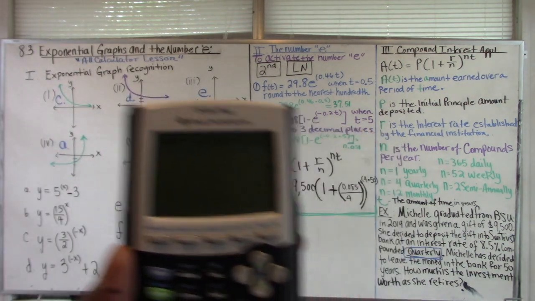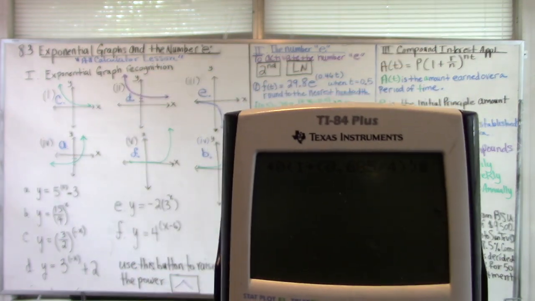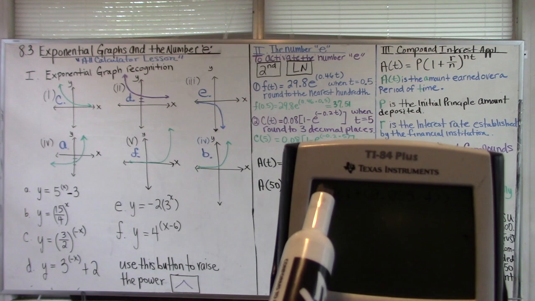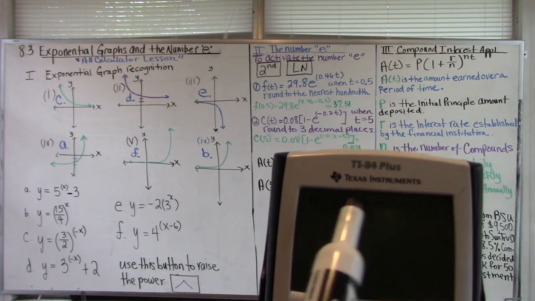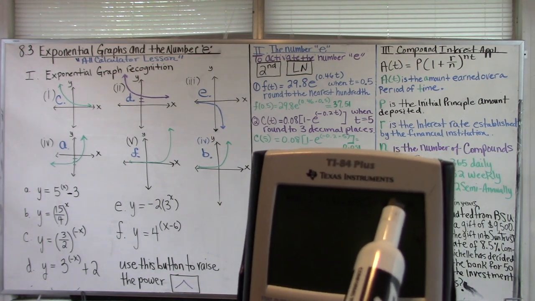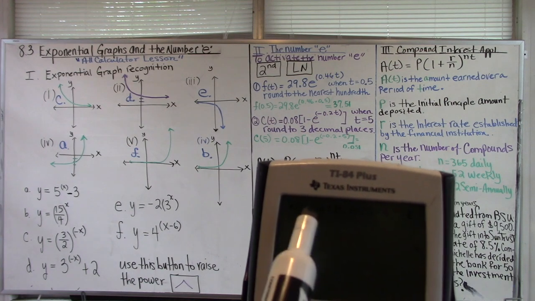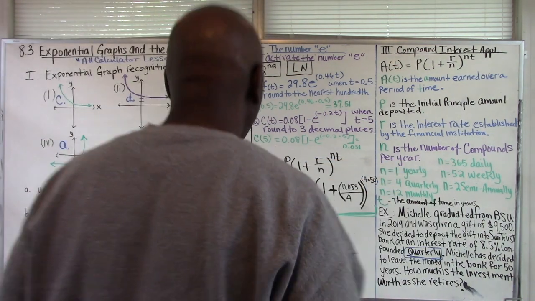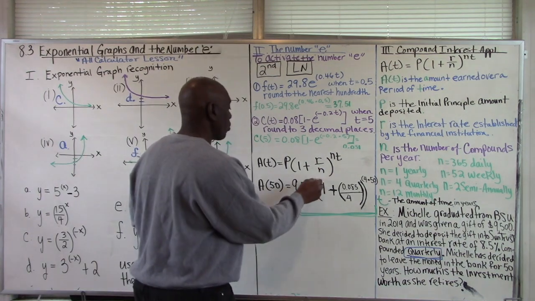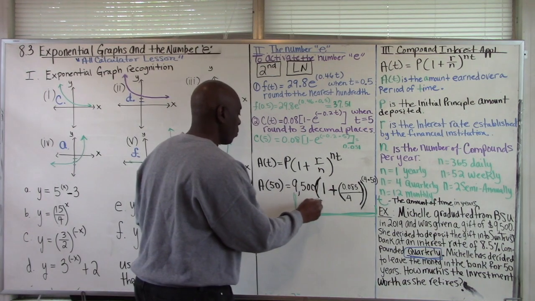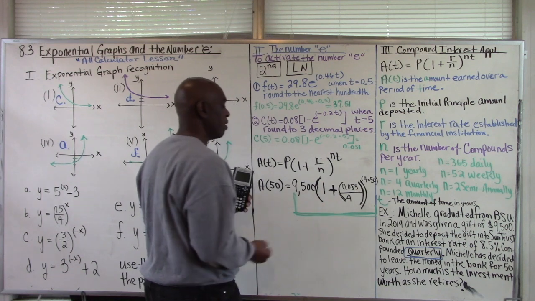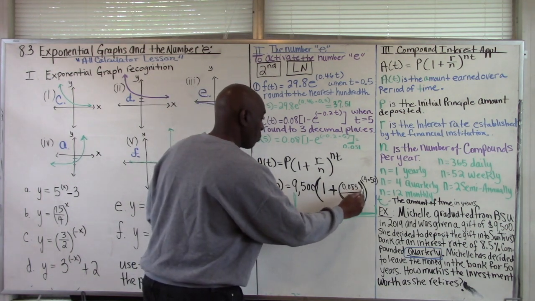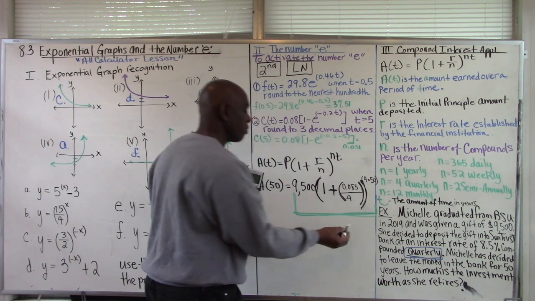I have an open parenthesis, then close parenthesis, close parenthesis. If I have 2 open parentheses, I need to have 2 closed parentheses.